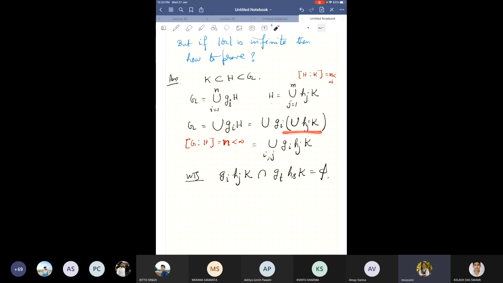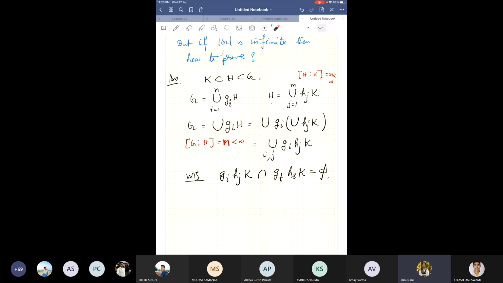Then finally what I am writing? I am writing G as the union of these left cosets g_i h_j K of K. But then I have to show that all of these left cosets are distinct, that is, disjoint.